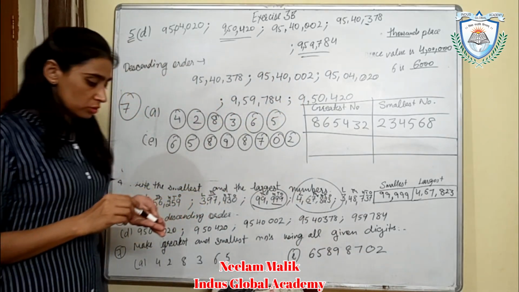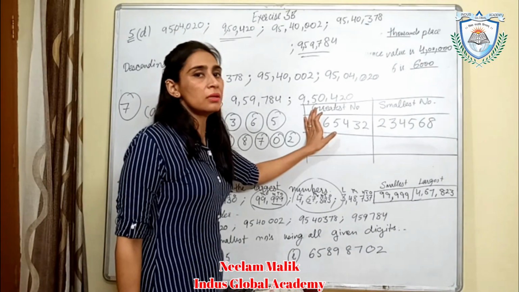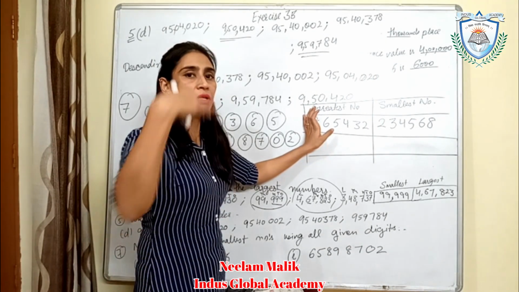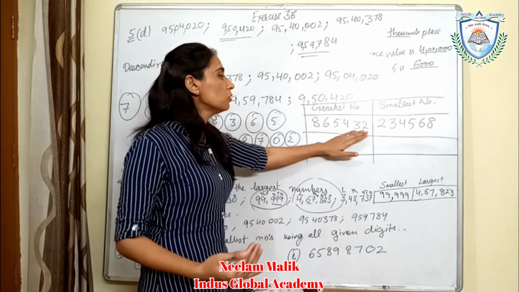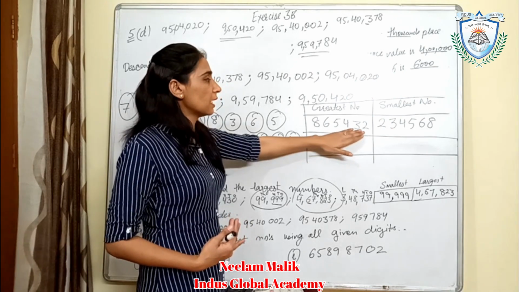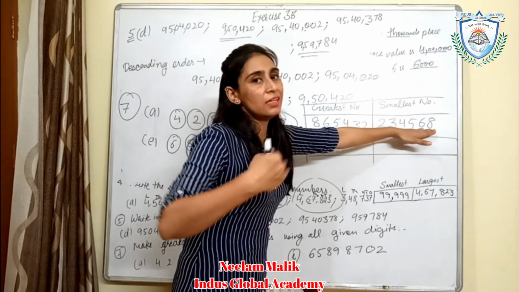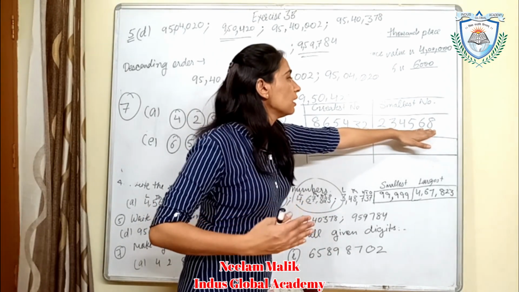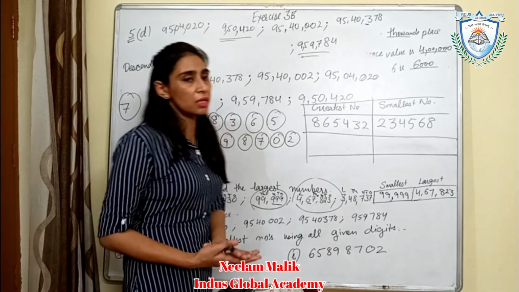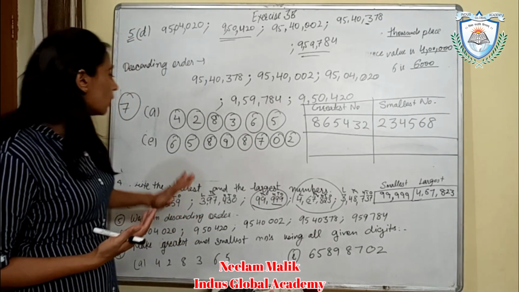Or you can say when you are writing the greatest number, if you are starting from the right hand side, then you will write the smallest, then greater than that, then greater than that, like this. And in the smallest, if you start writing from the right hand side, the greatest digit will be there. Simply you have to form the greatest number and the smallest number.